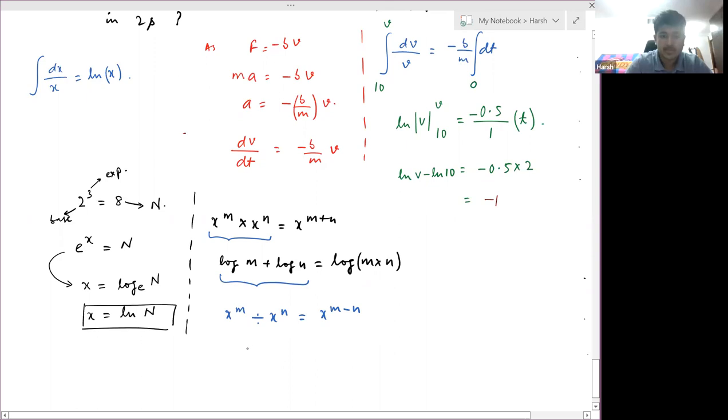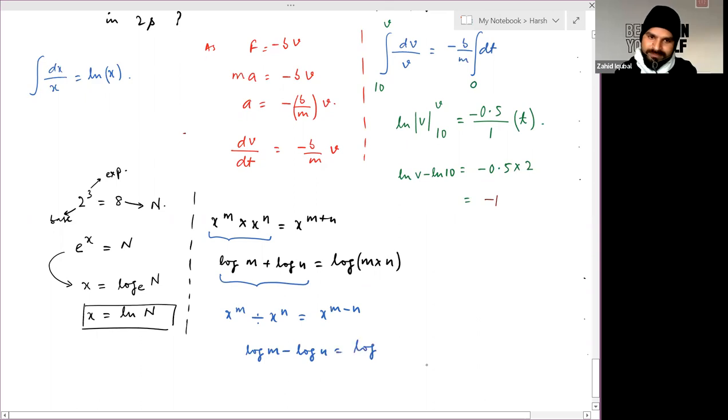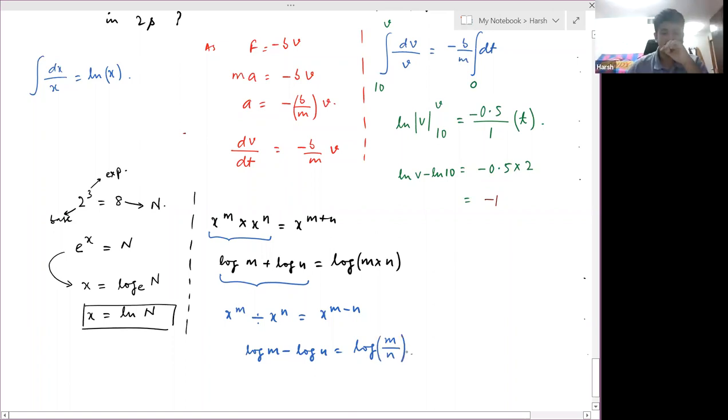So in log, log m minus log n equals log of m by n.